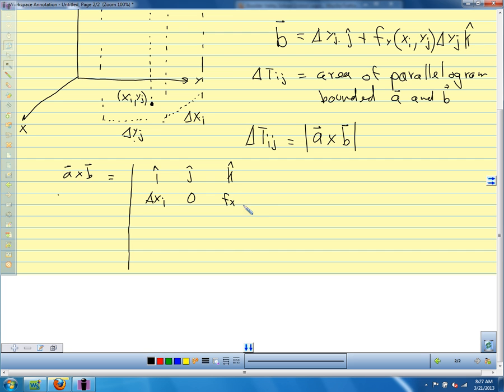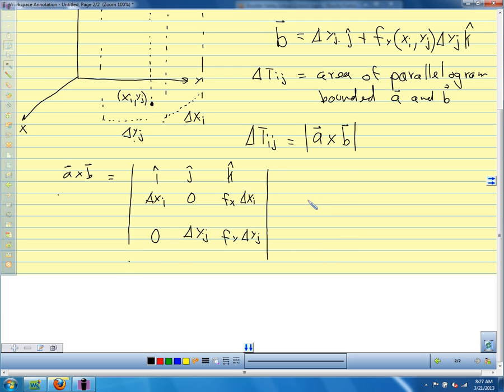I'm going to leave the i's and j's out of my partial: f sub x at our point times delta x sub i. And for the third vector, delta y sub j, 0, and our partial with respect to y times delta y sub j. So that's going to be our determinant.